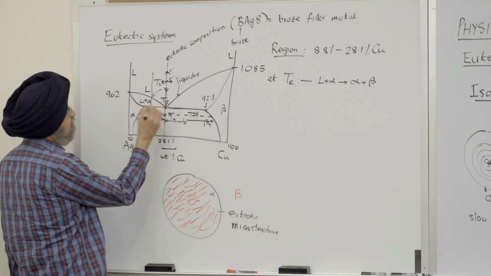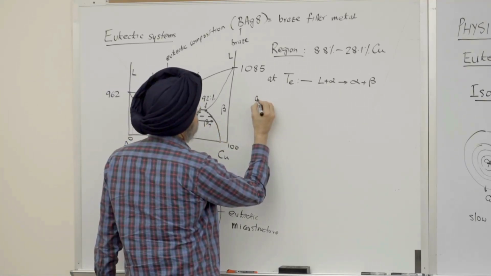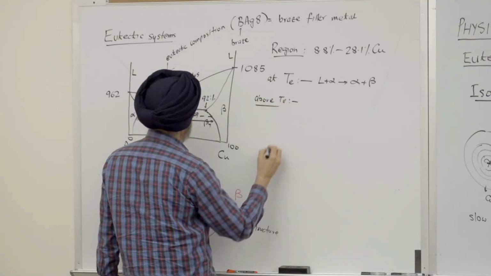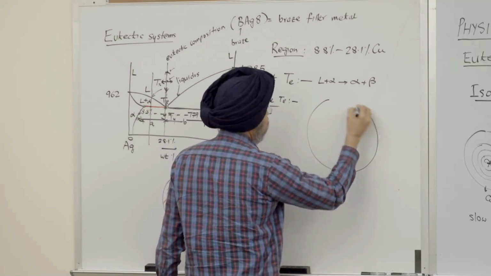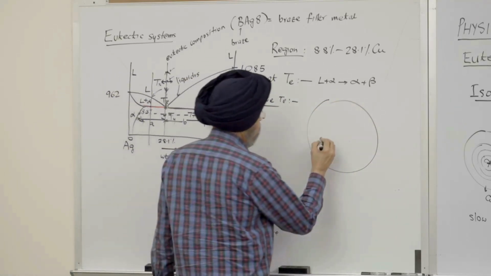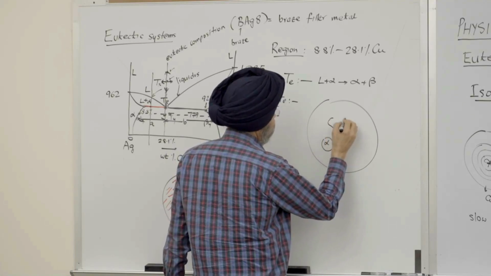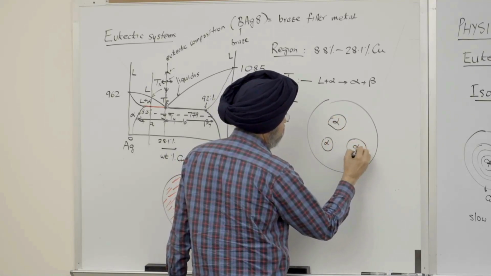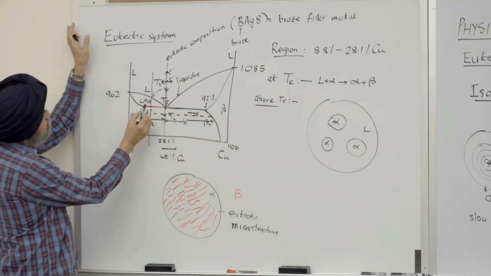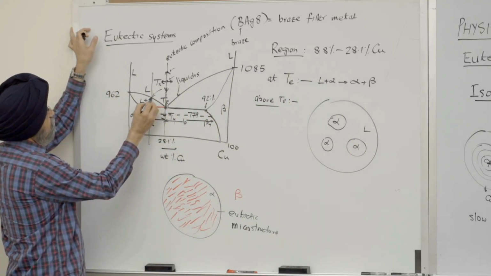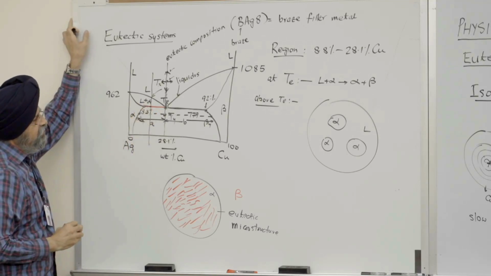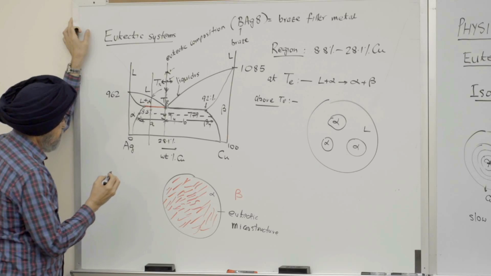So above the eutectic temperature, what we see, if we were to be able to see that in a microscope, would be alpha particles in a liquid. So as we come down from the liquidus to the eutectic, the amount of alpha is increasing. So how do we know the amount of alpha is increasing?